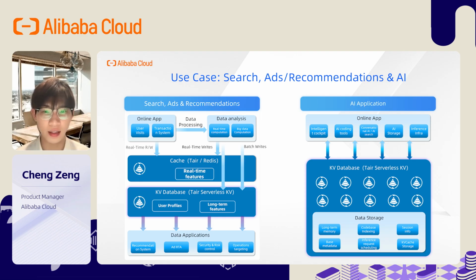And in this case, Tair Serverless KV provides a unified KV layer handling the demands of online applications for high concurrency, low latency, and automatic elasticity. It enables efficient collaboration across intelligent cockpit systems, AI-powered coding tools, conversational AI search, and inference infrastructures.